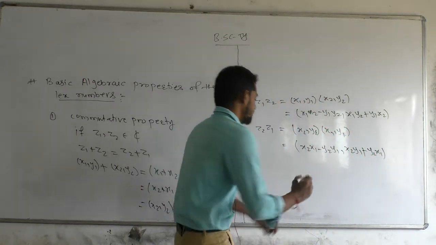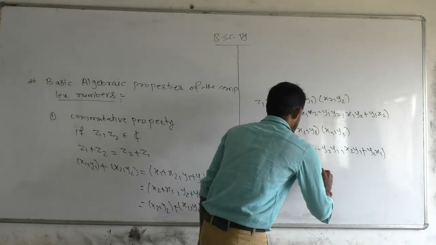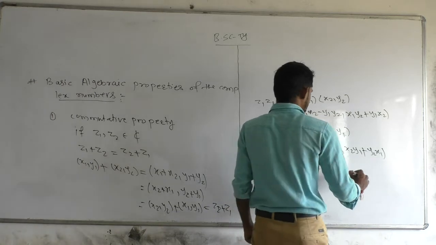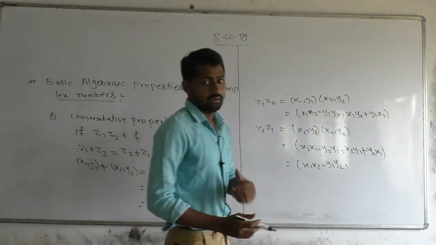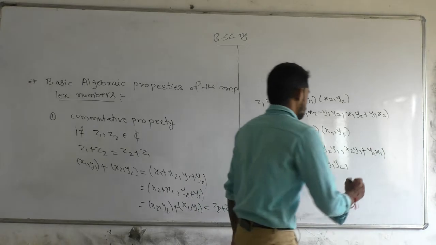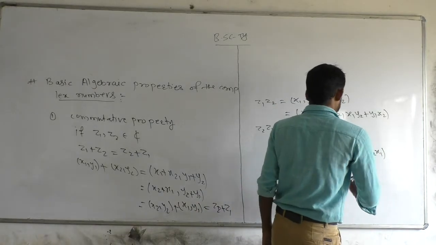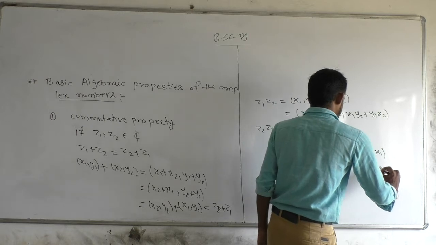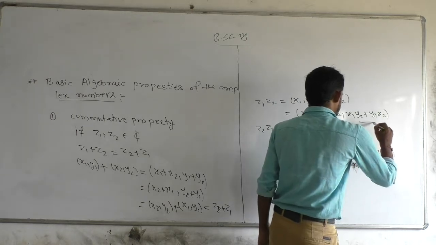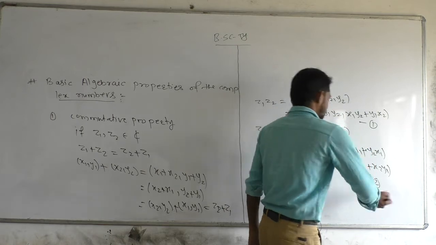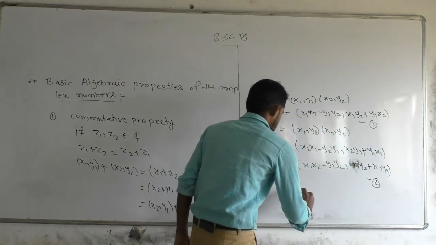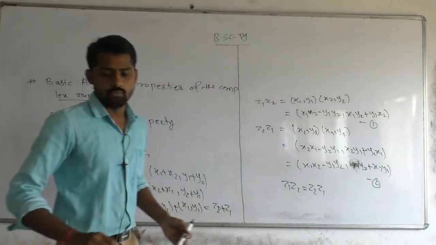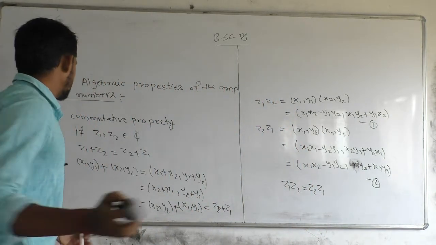So we can write this as (x1 x2 minus y1 y2, x1 y2 plus x2 y1), because these are real numbers and we know that the real field is commutative. So comparing 1 and 2, we can directly say that z1 into z2 is equal to z2 into z1. So this is the commutativity of multiplication.